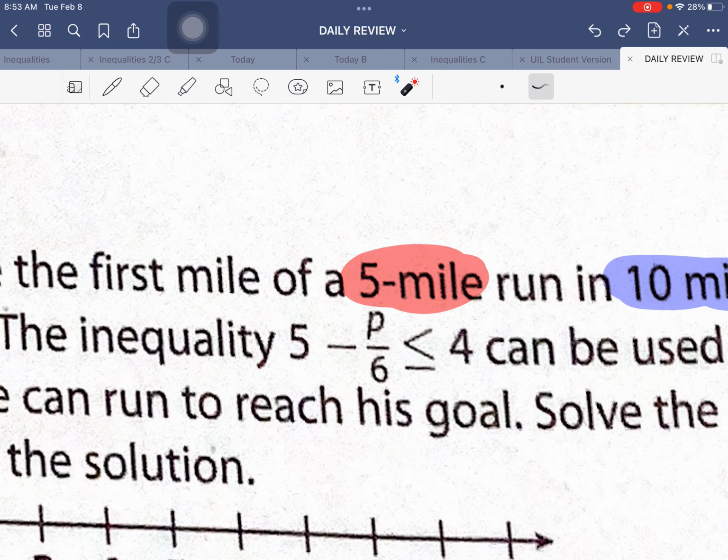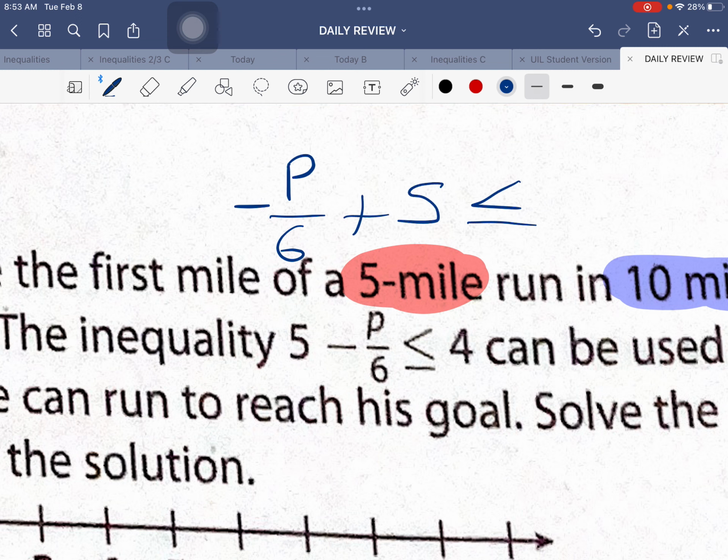If you were to flip them, you would have negative p over 6 plus 5. Plus 5 because the 5 is positive. So the opposite of doing that is minus 5. But what we do to one side, I have to do where?